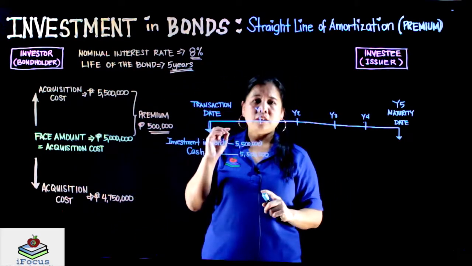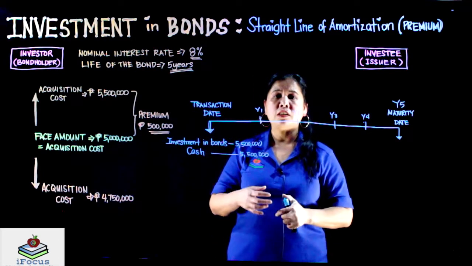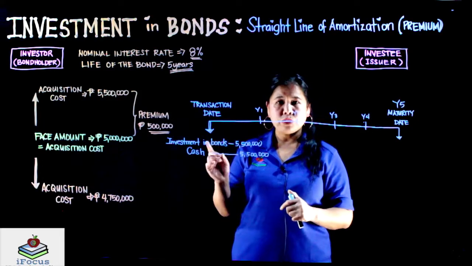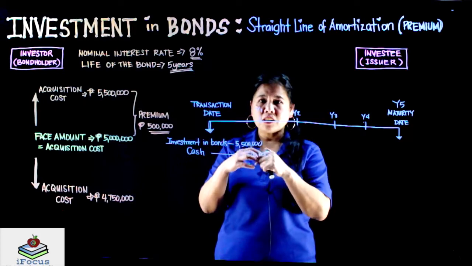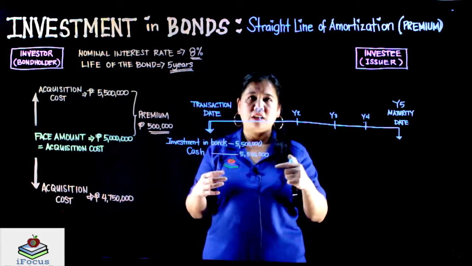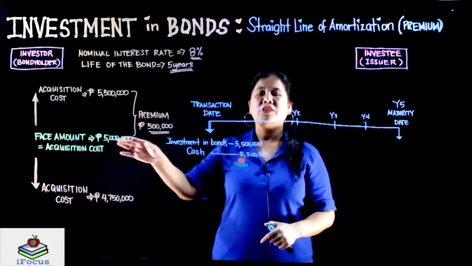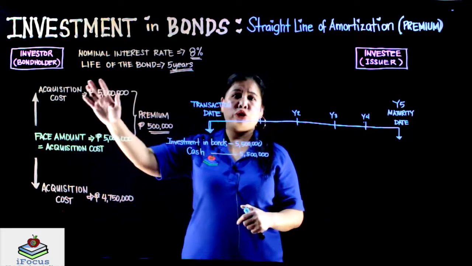Remember, ang i-debit natin, ang ilalagay natin sa ating investment in bonds is kung magkano yung acquisition cost ni investor sa bonds na ito, regardless of the face amount of the bonds. So, hindi natin nire-record ang investment in bonds sa face amount. Nire-record natin ang investment in bonds sa acquisition cost.